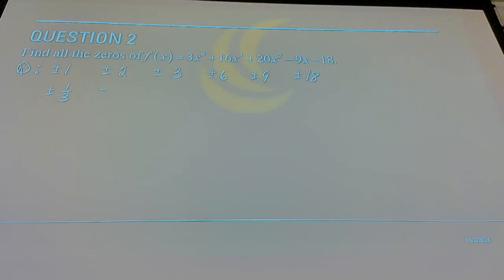So 1/3, 2/3. What's 3 over 3? We already have it listed. Skip it. What's 6 over 3? What's 9 over 3? What's 18 over 3? Those are already all listed, so there's no need to relist them. These are all of your possible rational zeros. 16 of them.